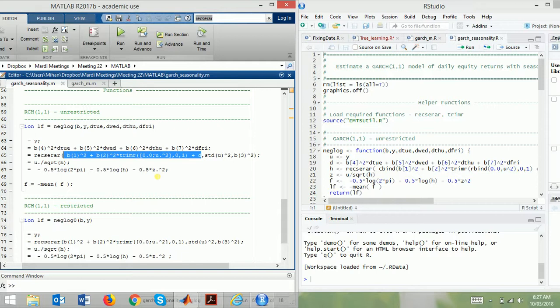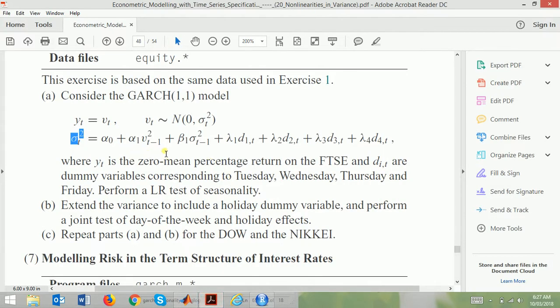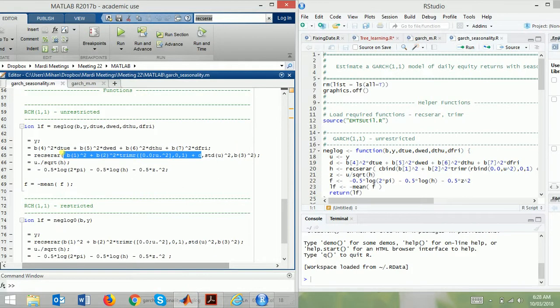So we started with beta 4, and from beta 1 we are using beta 1, beta 2 and beta 3 as our parameters. How many parameters did we have? Beta 1, beta 2, beta 3. So beta 1 is alpha naught, we are squaring everything for now, let's just remember that. Beta 2 is alpha 1, beta 3 is beta 1, and I want to see the effect of the dummy, which starts from beta 4, and all of them are being squared.